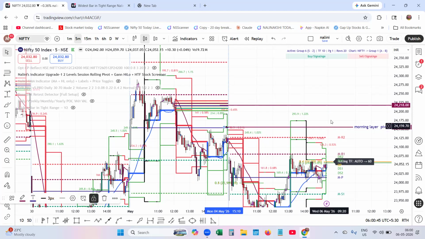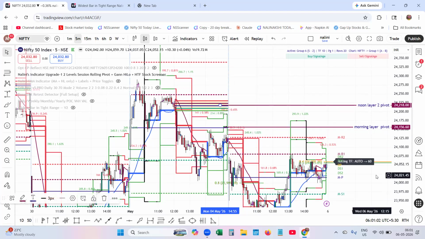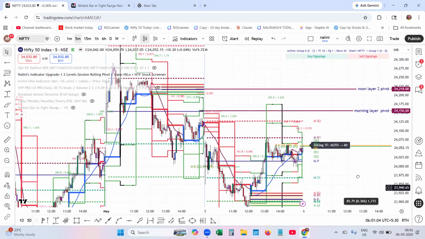Let me lock it here. I've locked it. So these are the reference points.